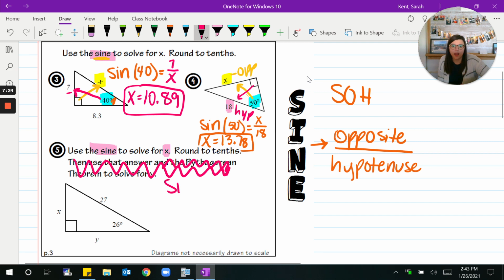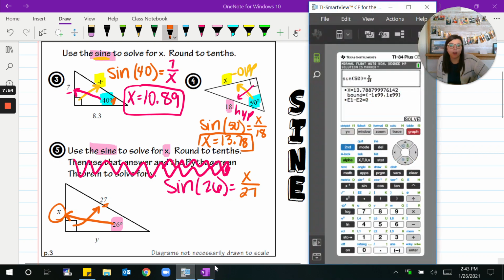So, sine, let's see, here's 26. So I've got sine of 26 equals, for sine, we want opposite over hypotenuse. So opposite 26 is x, over our hypotenuse across from the right angle, which is 27.